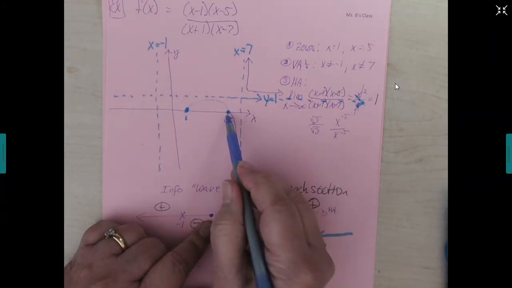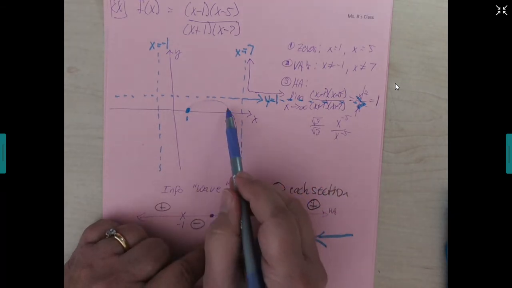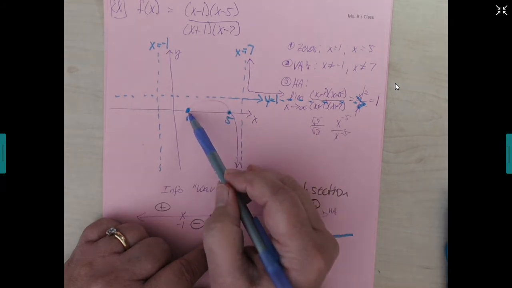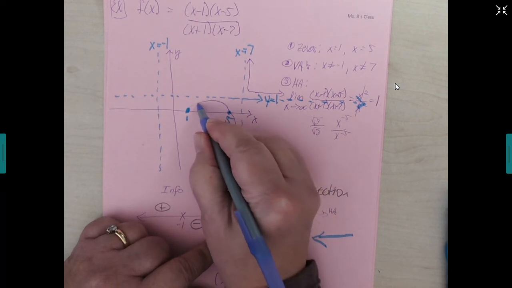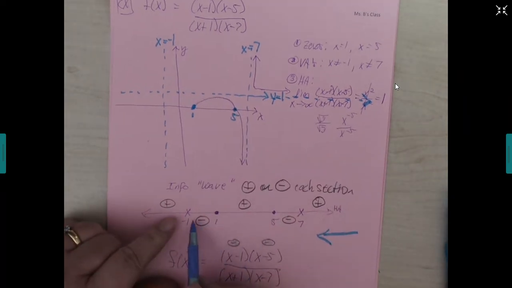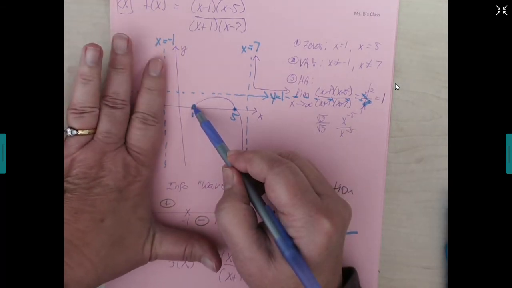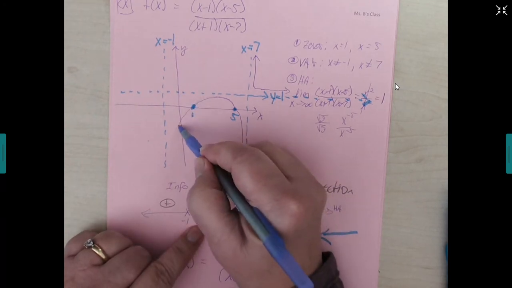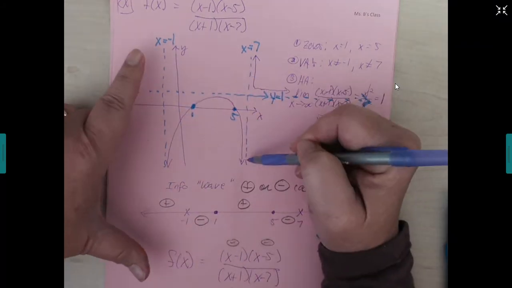Right? Negative, it would have gone like that. But it's not. It's positive. Right? So, I mean, eventually it's going to come back down to that 0 there because it's going to cross or touch at that x-axis point right there. Okay, there's that. Okay, now between this 0 and this vertical, it's going to go down because it's negative. And it will never cross the vertical, just like here.